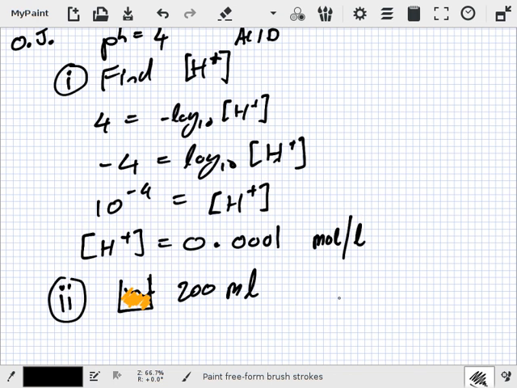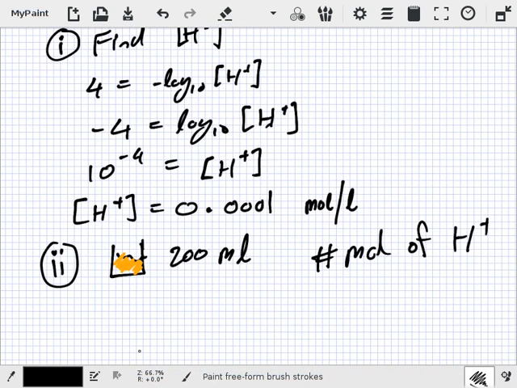So my question is, I want to know how many moles of H plus are in this. So how many moles of H plus in this one here? This isn't really a log question, it's just a simple chemistry maths question.